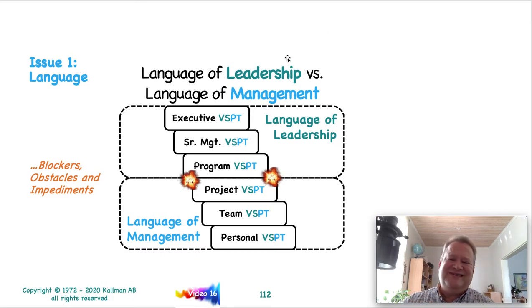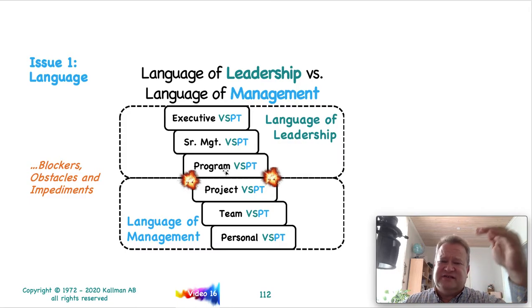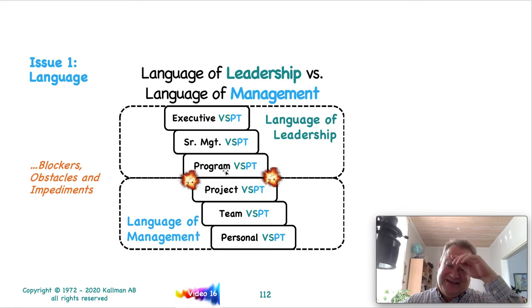And so typically, the language of leadership is at the executive, senior management, portfolio levels, sometimes getting down into program management as well. And so that's sort of why I drew the line in the middle. But that's why it gets fuzzy. It's not a clear, this is where management ends and leadership begins. They're parallel to each other, and it's a both and, not an either or. So it's really hard to draw a picture like this.